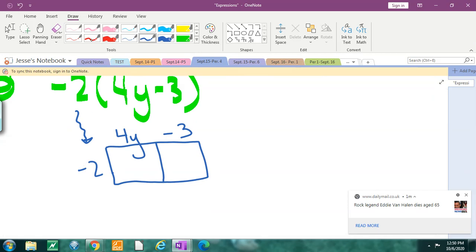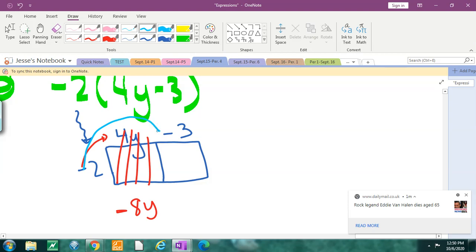So negative times positive, that's a negative. And then 2 times 4 is 8y. And then I'm done with this one. Okay. Negative, oh, different color. Negative times the negative is a positive. And then 2 times 3 is 6, not 5. You're not adding.